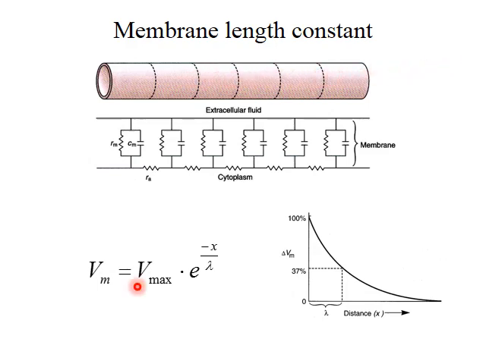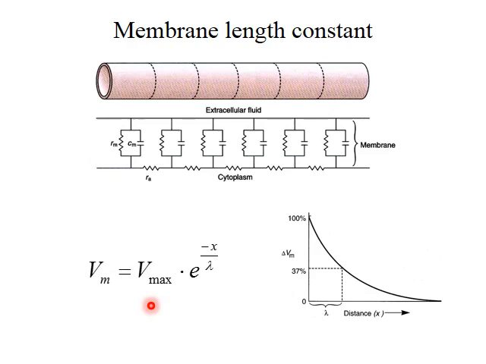Well, the equation, which again is just one simplification of the total cable equations, is shown here, and this tells us that the voltage, the depolarization in the dendrite as a function of distance, equals the maximal depolarization at the site of generation times e to the minus x over lambda, where x is distance along the dendrite and lambda is the space constant, which is very similar.